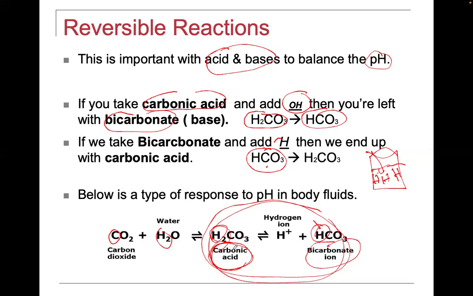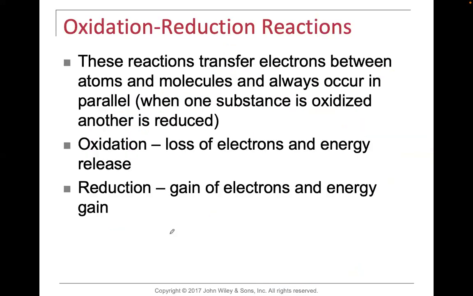If it's too acidic, we become basic. If it's too basic, we can go back to acidic. If there's too much acidity, we can go this way, breathe out the CO2, and you're left with water. Beautiful reversible reactions.